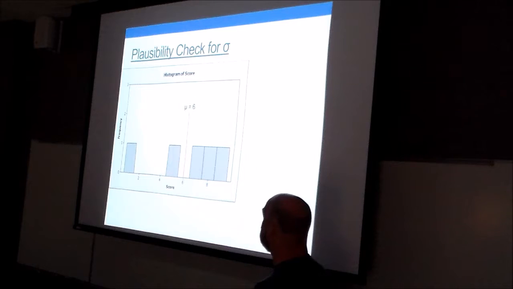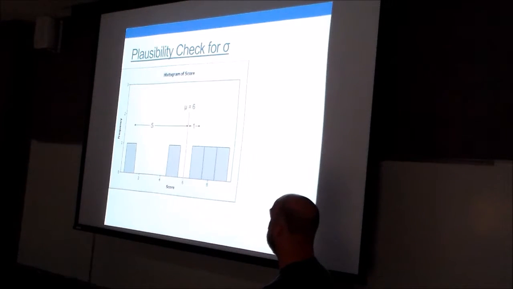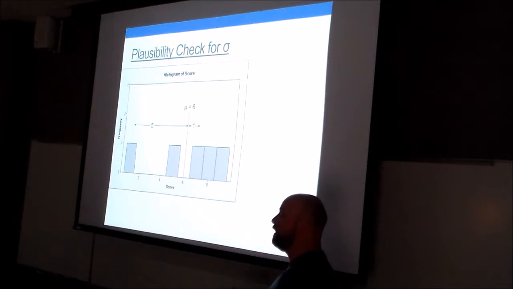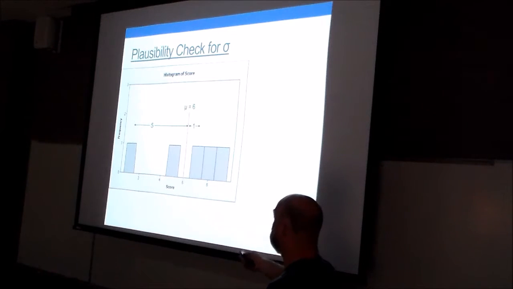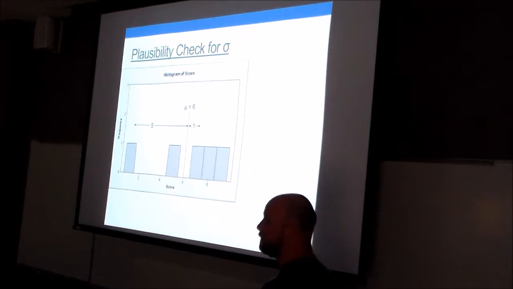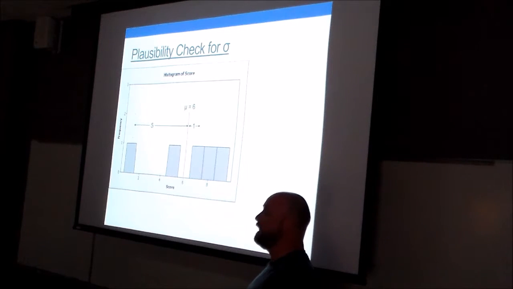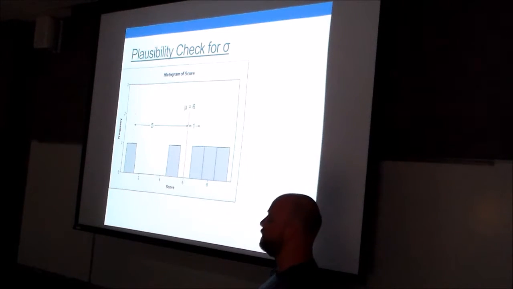So let's say for this data set, the mean of this population is 6. The maximum distance of any score from the mean ranges between 1 and 5. Given these parameters, what should my standard deviation be if my standard deviation is the average distance of a randomly selected score from the mean?